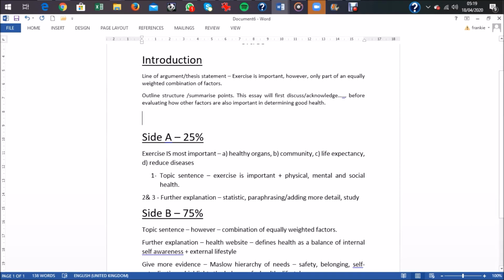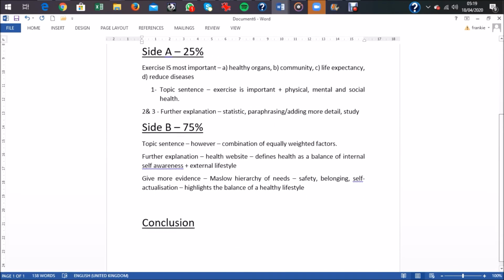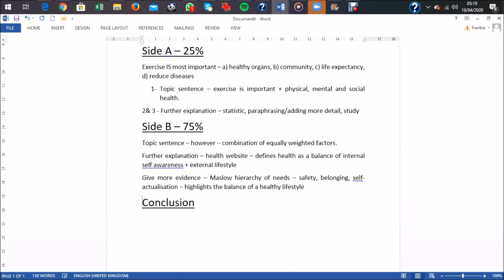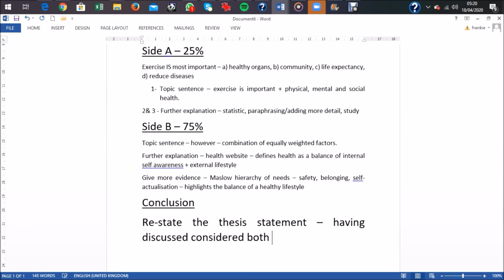Okay, so side A, guys, side B, like we put in the conclusion, you really restate the thesis statement, that you agree, that you more sort of saying, having discussed both sides or having considered both options, maybe paraphrase the wording in the question.